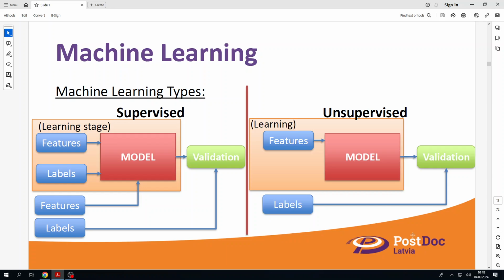Now, another important point here is that some machine learning algorithms require supervision from your side and some do not. Hence there are two large groups of algorithms. Supervised, when you have to provide the correct answers, the labels, to the models which you want to train, and unsupervised, when you just have some pictures of cats and dogs and nothing else, no labels, nothing, and the algorithm has to figure out everything completely by itself, and only then can you try to verify whether it was successful or not.